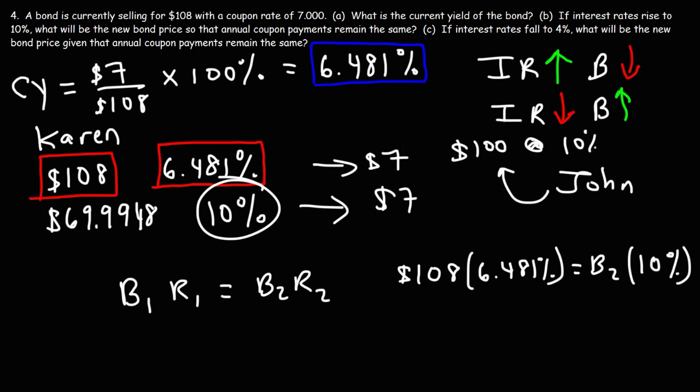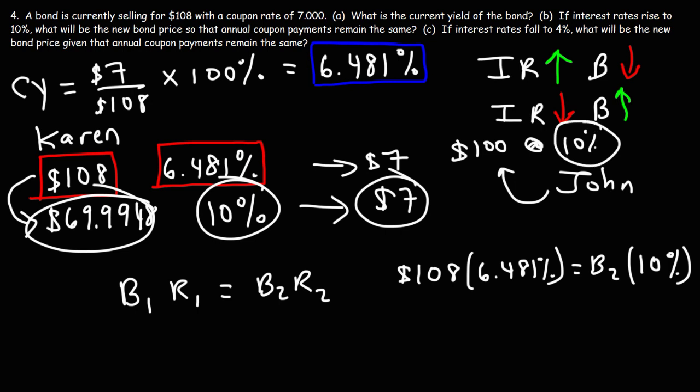So if Karen lowers the price from 108 to approximately $70, then John will receive $7 of interest for every $70 that he invests in this bond. And so he's receiving the same effective rate as the bonds that are currently available in the market.